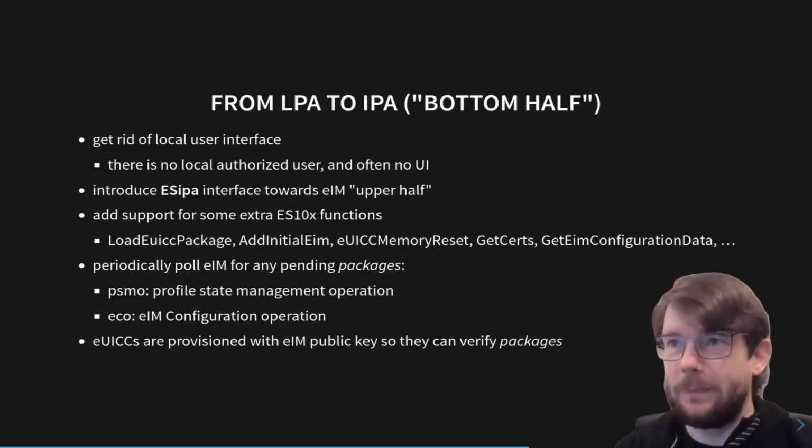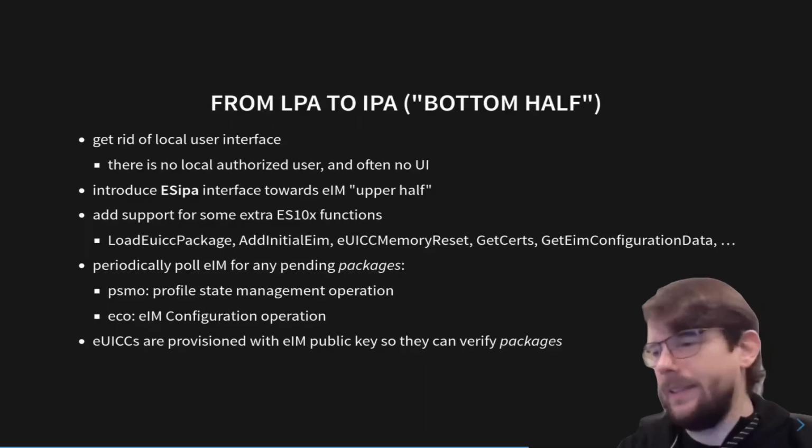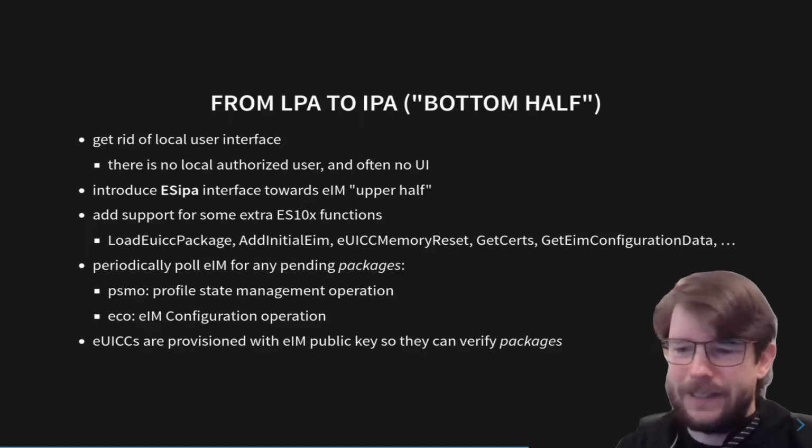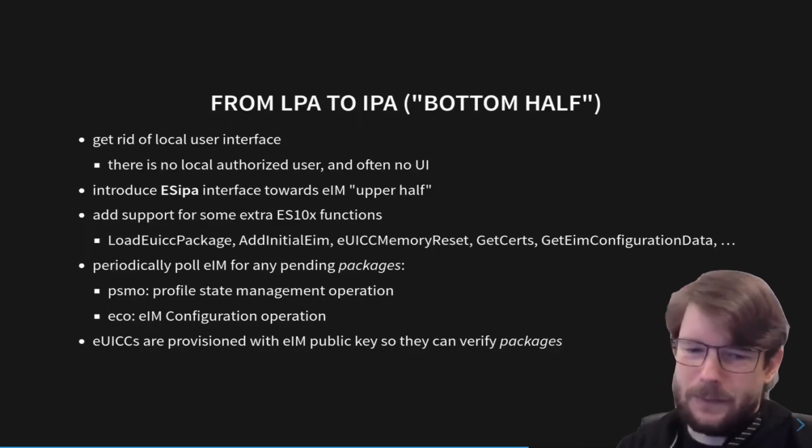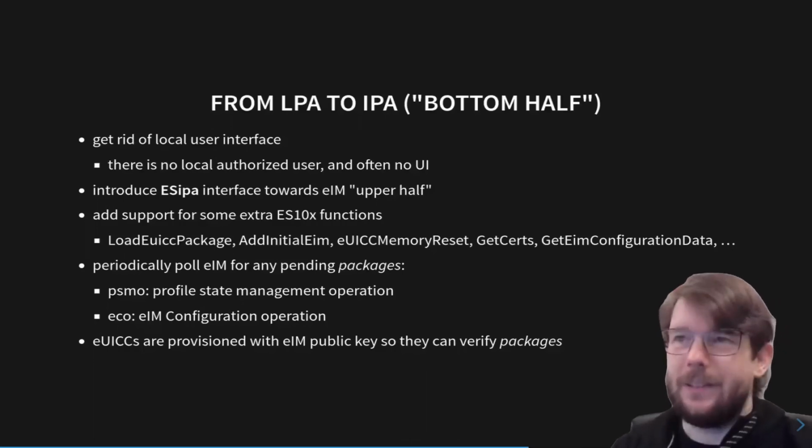That's also new. Let's say you want to do a profile enable on a consumer eSIM, then it's basically a plain text, well, it's binary, but a plain command that gets sent from the LPA to the eUICC. And there is, again, a plain response. And now the profile enable is actually a cryptographically authenticated command.